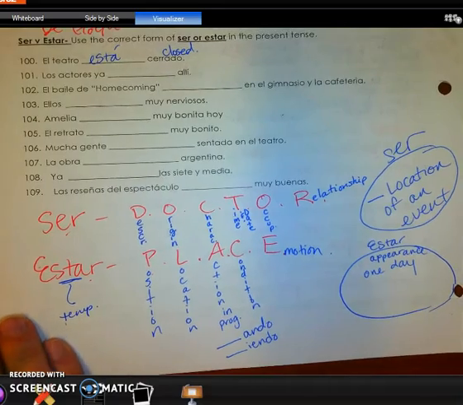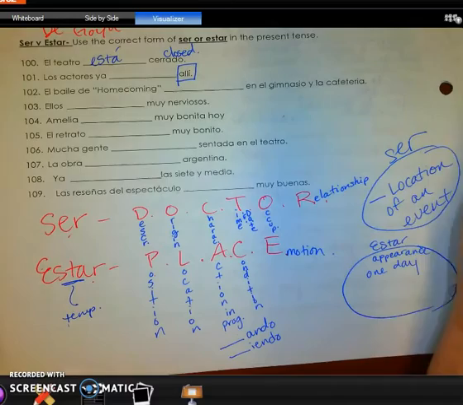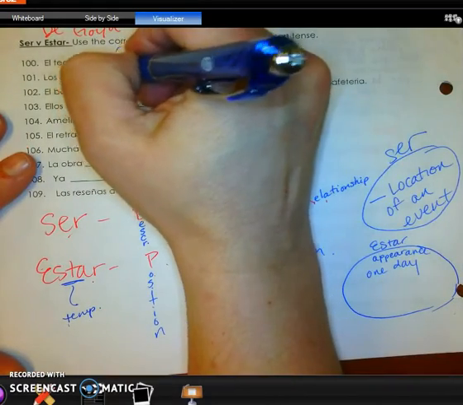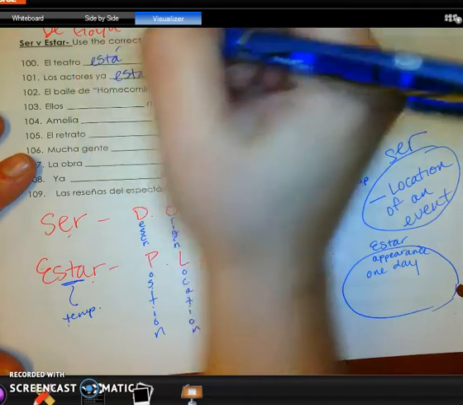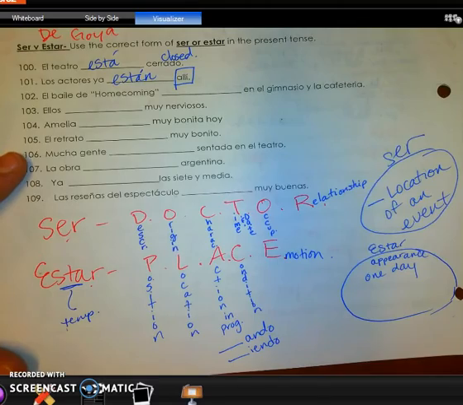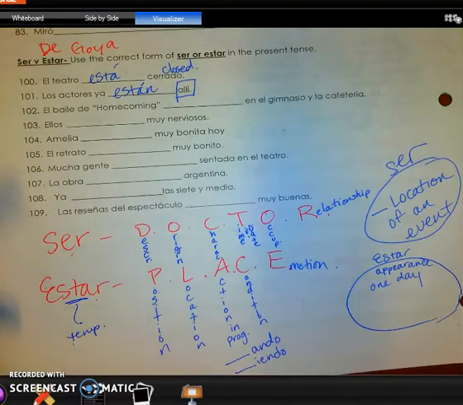Los actores ya blank allí. What does allí mean? That is a location or place. So it would be están. Make sense? This part of your final, there's only like 5 questions, and it's already conjugated for you.